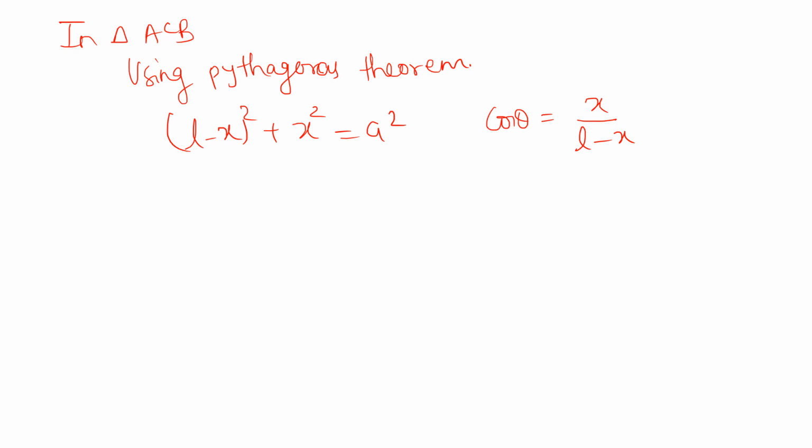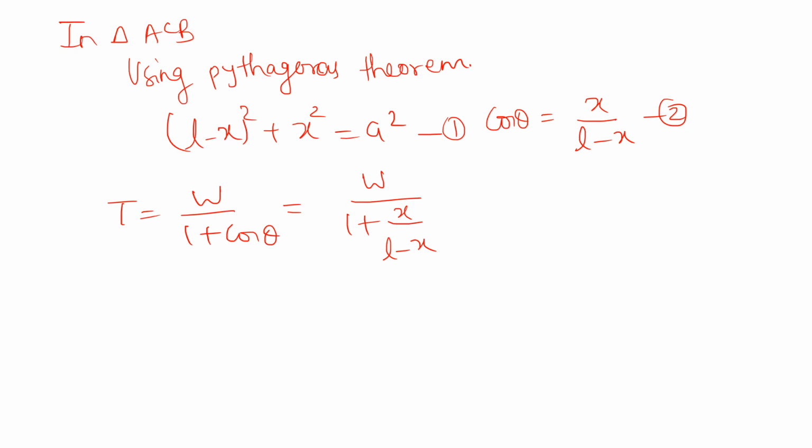Now the value of T is W upon 1 plus cos theta. You can keep these equations 1 and 2 in your mind, because we need these equations to solve this problem. So W upon 1 plus cos theta means x upon L minus x.